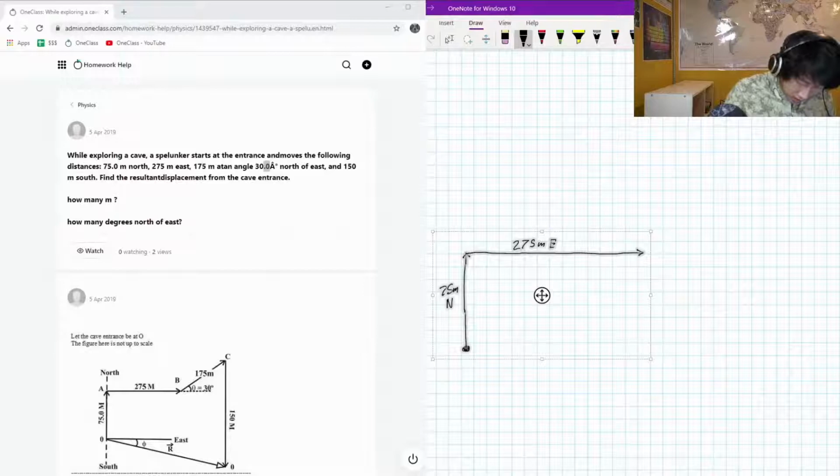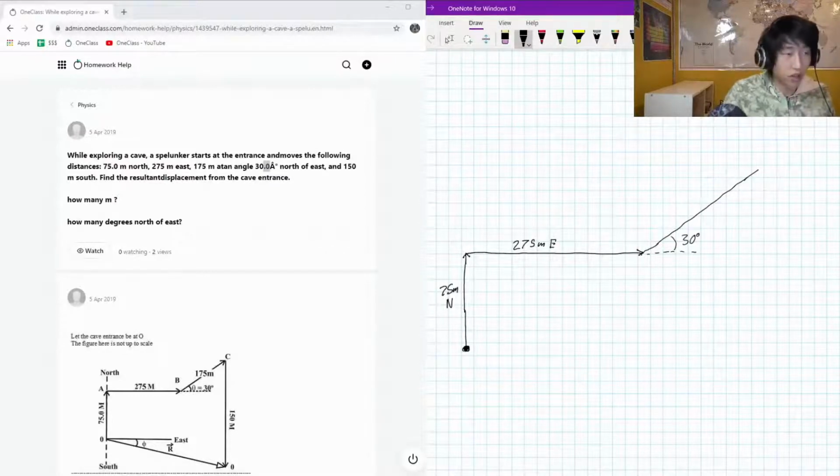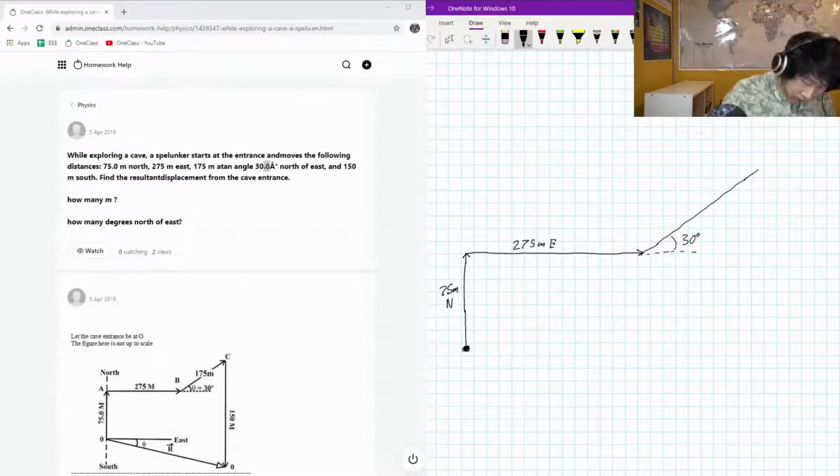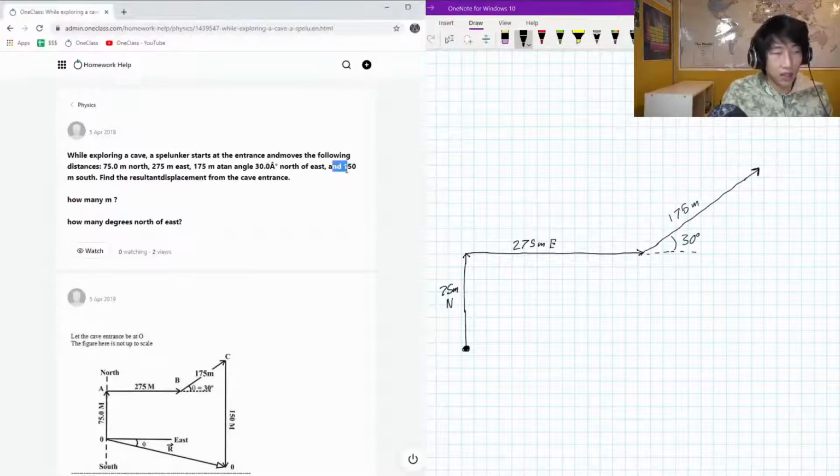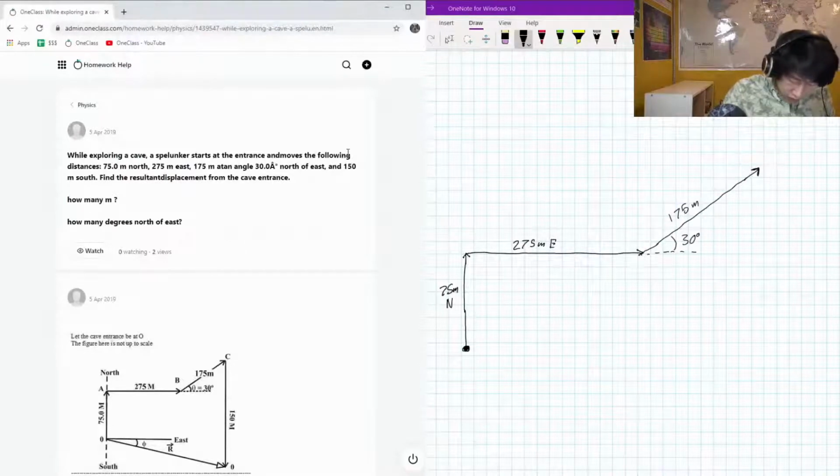So something like this. 30 degrees north of east, and that was 125 meters. 175 meters, my bad. And our last little step of the journey, 150 meters directly south. It's going down for real. Something like this.